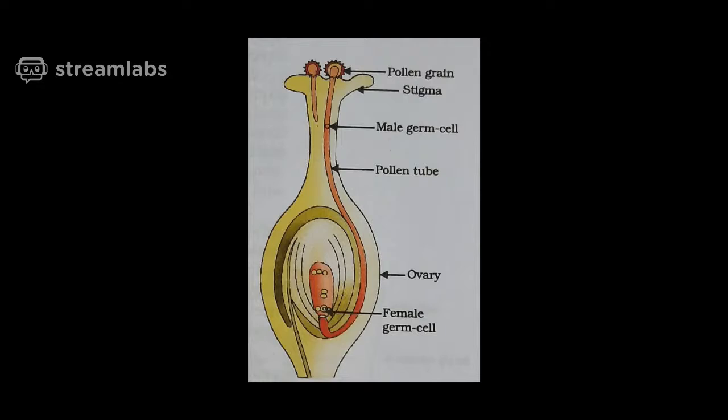And even by suckers, stolon, offsets, runners, these are some of the ways where asexually we can replicate the plants. But the sexual mode is only one, that is by seed formation.